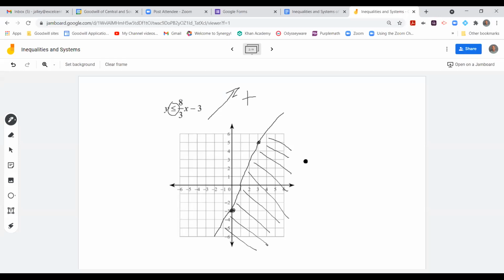That way they cross and give me like a checkerboard that I can clearly identify where the overlap is, because that's what the bottom line is for these systems of inequalities, as you'll see.